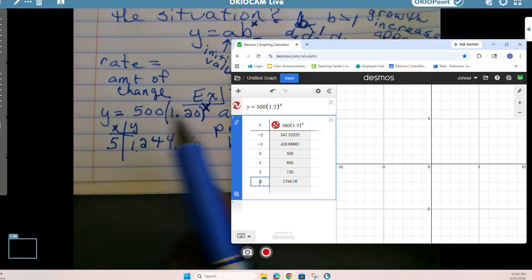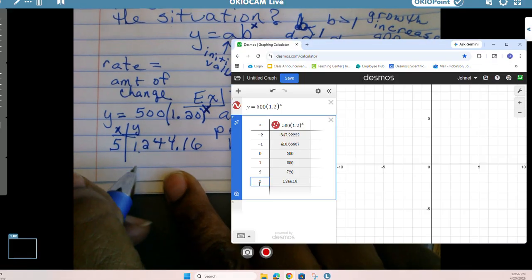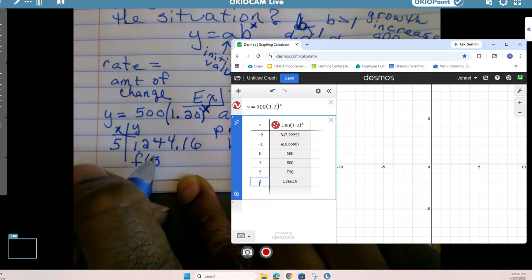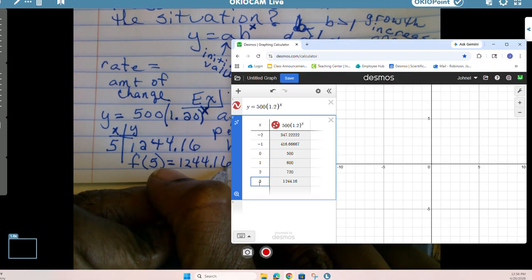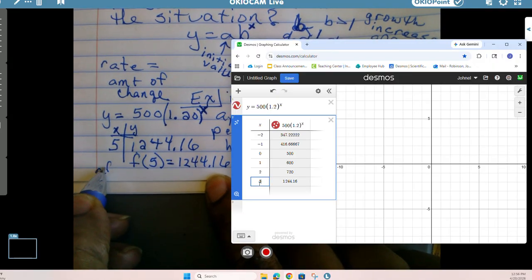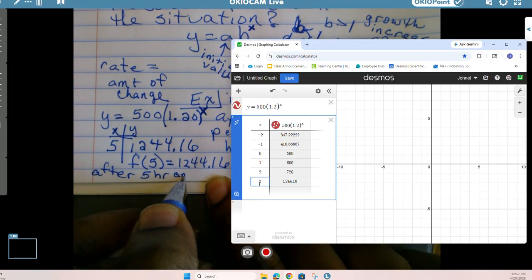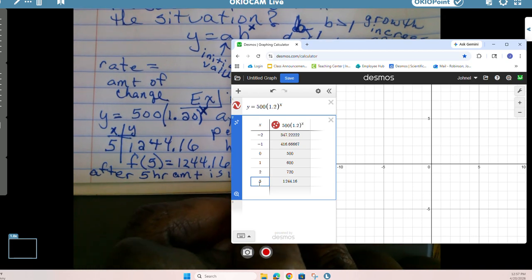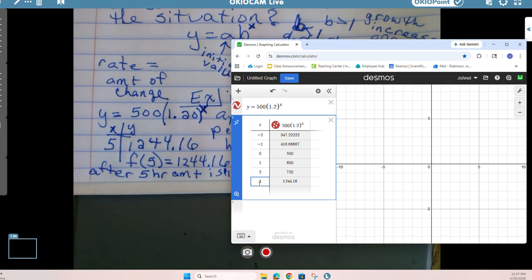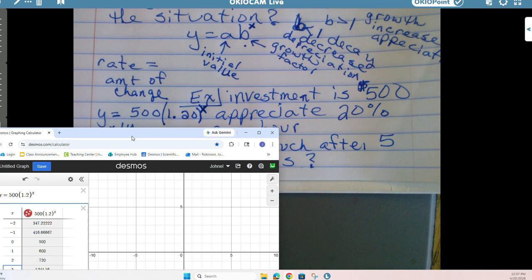So look, make sure that you can describe the solution in the context of the situation. That means that f of 5 equals 1244.16. So after 5 hours, the amount is $1,244.16. That is some major growth. Alright, I'm going to leave this up for a minute and I'm going to give you some further directions.